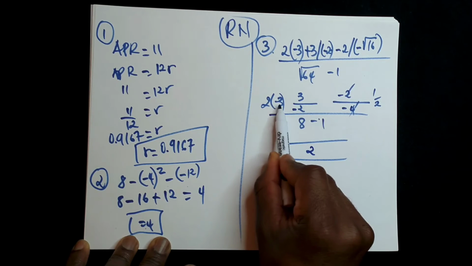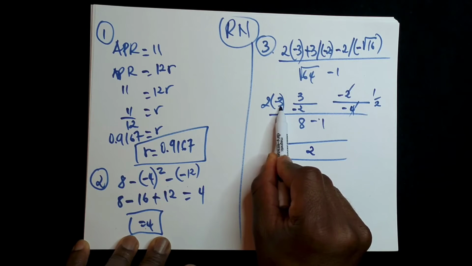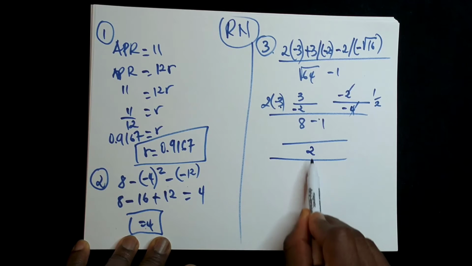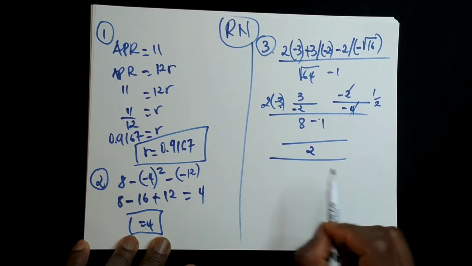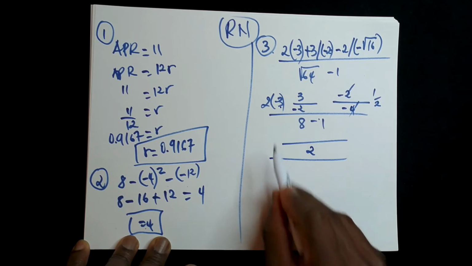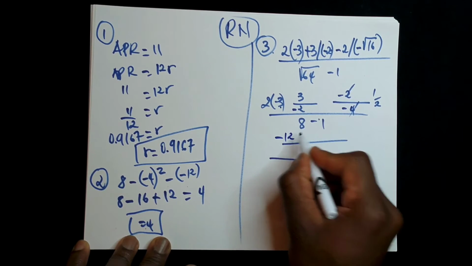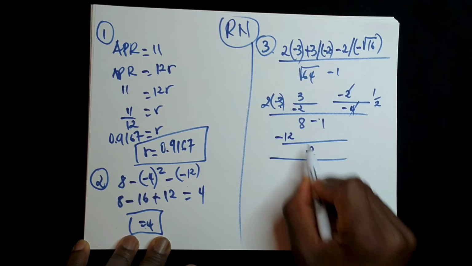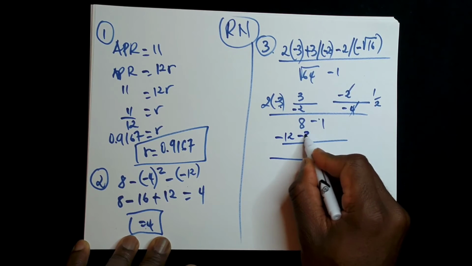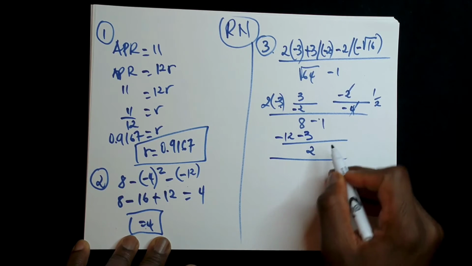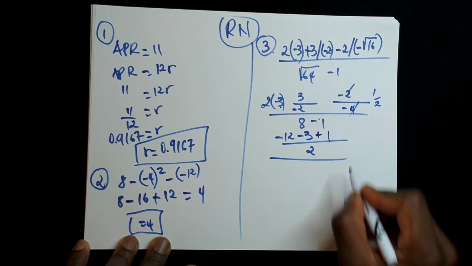So we have 2 times negative 3, which is negative 6, times the 2 that we are bringing here. So they all have the common factor. That's negative 6 times 2, which is negative 12. We already have 2 here, so we have minus 3. And we already have 2 here, which is plus 1.